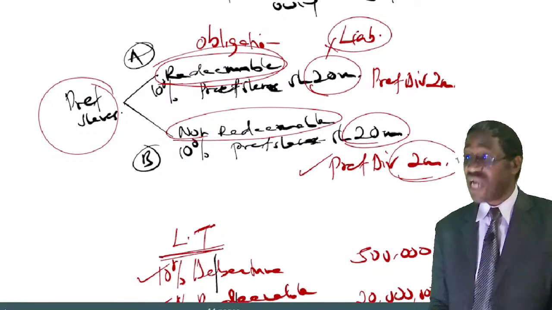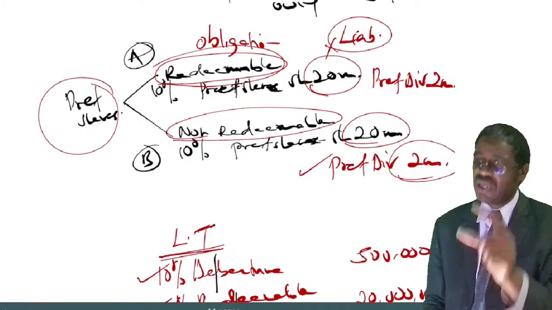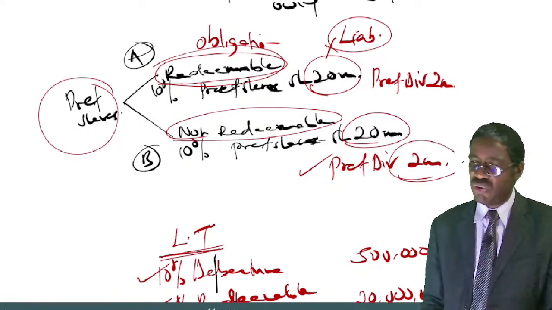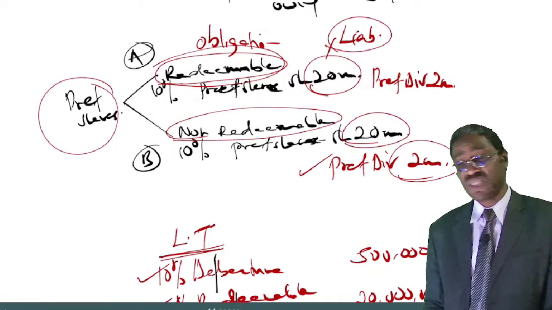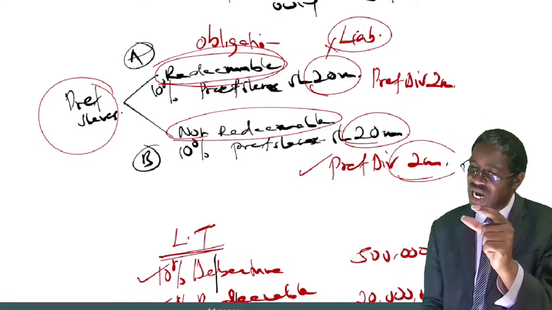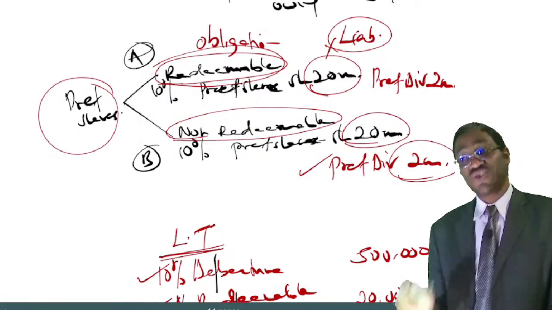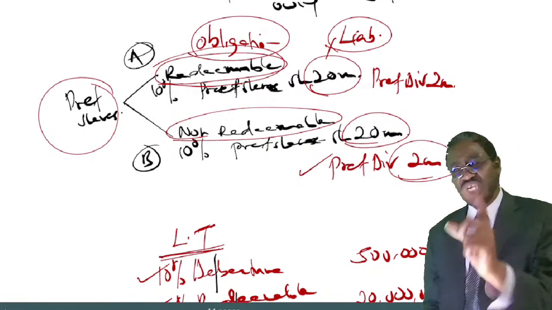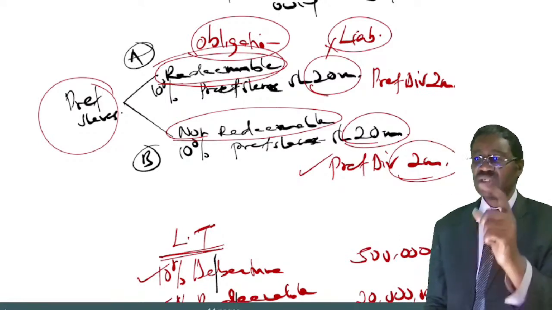That's another thing I wanted you to remember: if the preference shares are redeemable, you don't take them to the balance sheet as a component of equity. No. We said you take them to the balance sheet as a long-term liability. Why? I told you last time, it's because as a company, when you issue redeemable preference shares, you have an obligation to pay back.